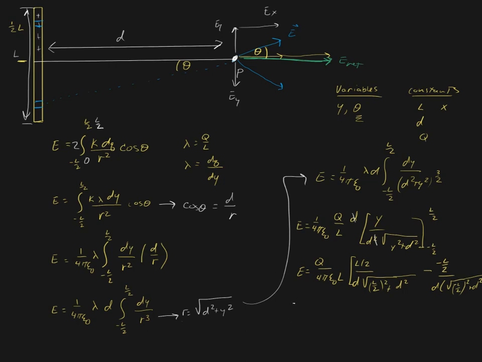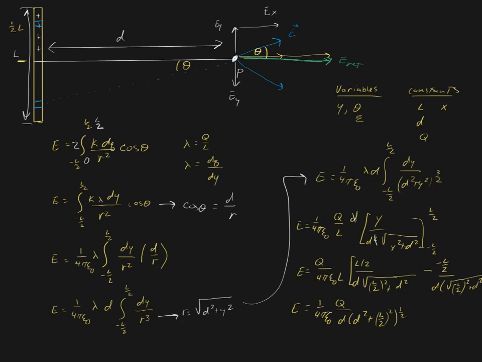And that simplifies into 1 over 4 pi epsilon naught times q over d times d squared plus L over 2 squared raised to the 1/2 power.